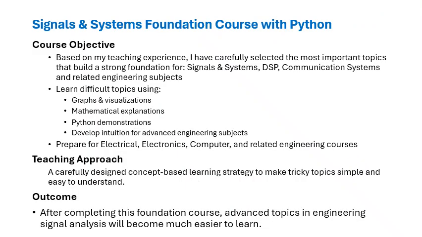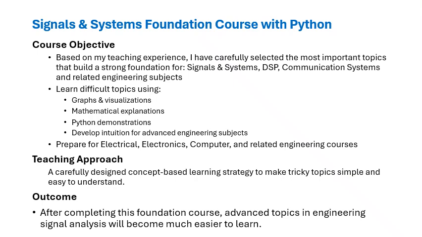Before proceeding to the end of the lecture, let's have an overview of the Signal and Systems Foundation course with Python. The course objective: based on my teaching experience, I have carefully selected the most important topics that build a strong foundation for signals and systems, DSP, communication systems, and related engineering subjects.